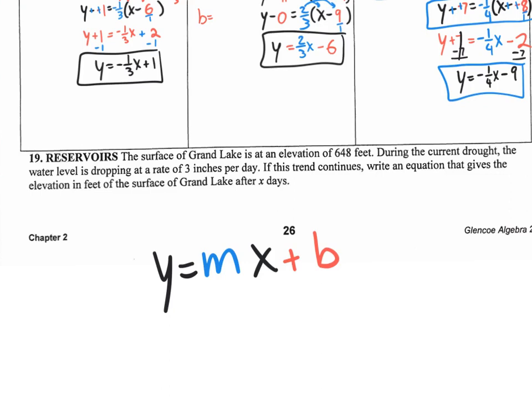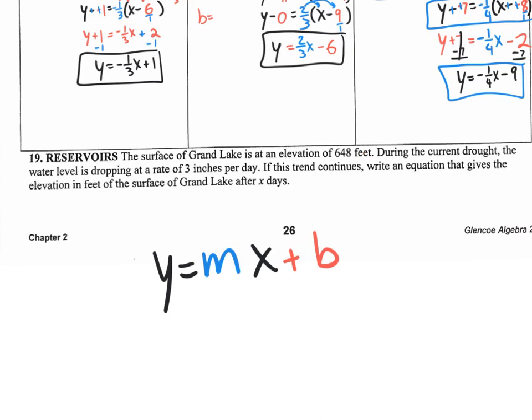So what would our slope be? How fast is it decreasing? 3 inches, right? Now, what was the original start? 648 feet. Exactly.